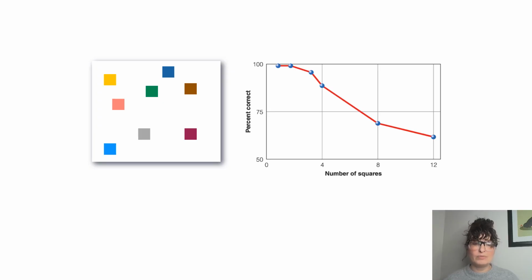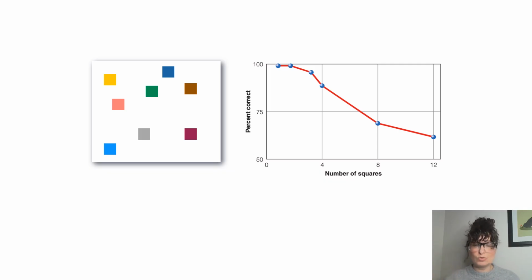That's the question. And participants were capable of very accurately identifying whether or not there was a change if the number of color patches on the screen was less than 4.